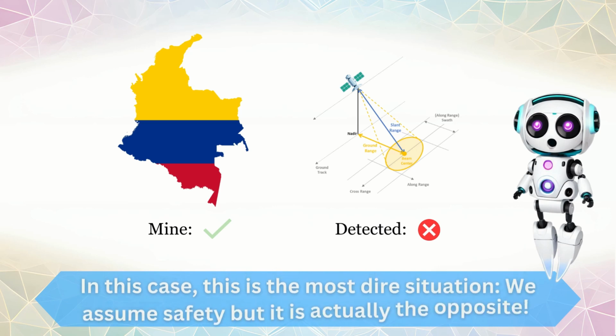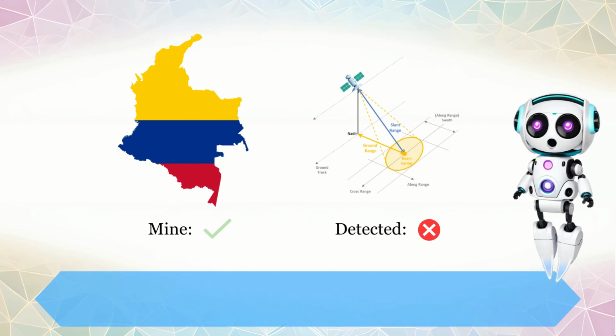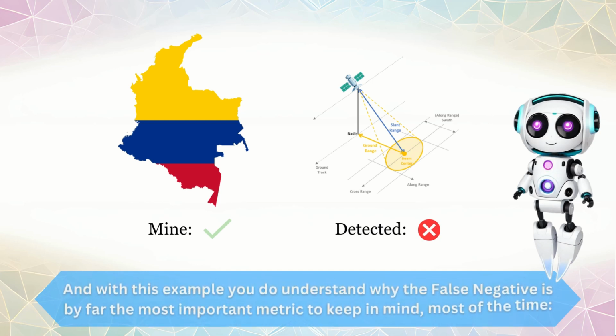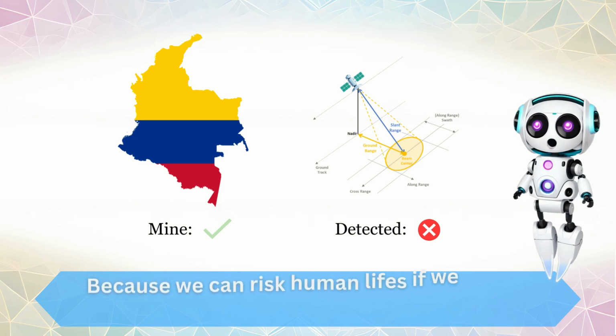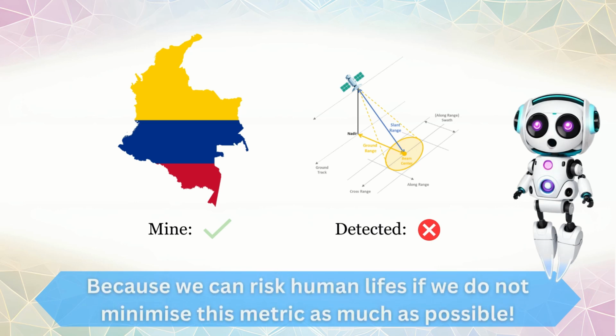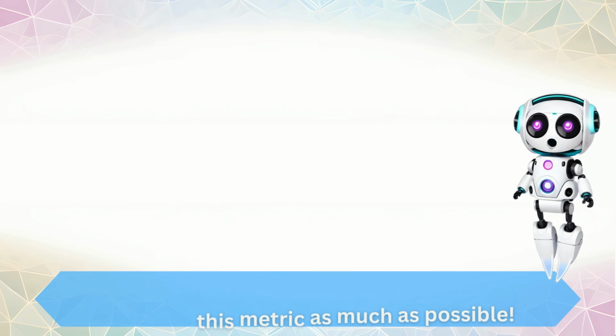In this case, this is the most dire situation. We assume safety, but it is actually the opposite. And with this example, you do understand why the false negative is by far the most important metric to keep in mind most of the time. Because we can risk human lives if we do not minimize this metric as much as possible.